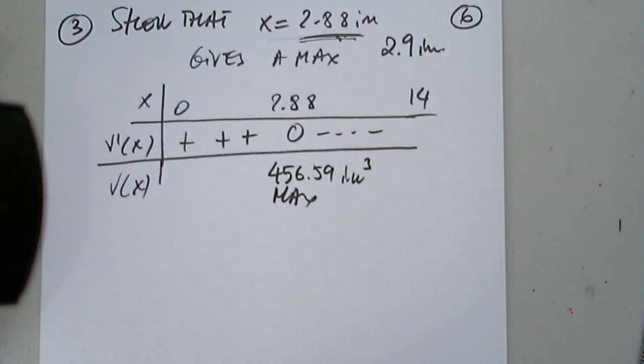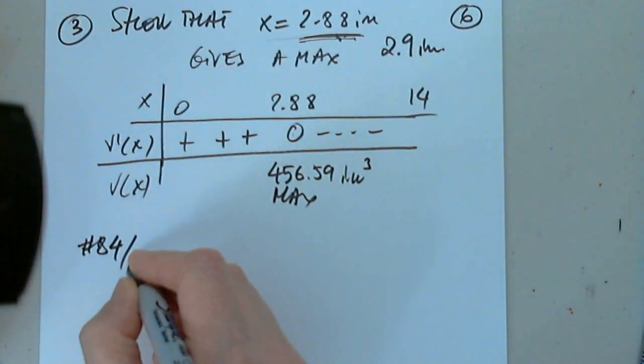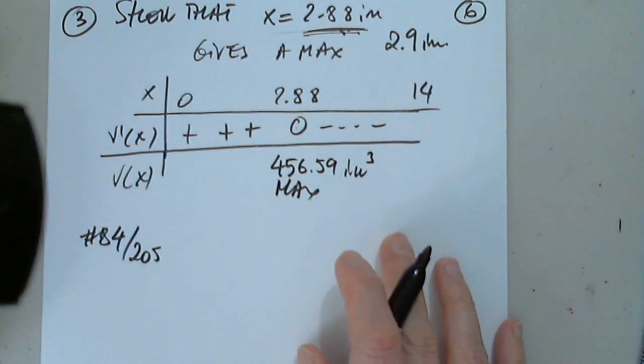Okay, so in 205 I selected 84. So the population years after 2017, so this is 84 on page 205.